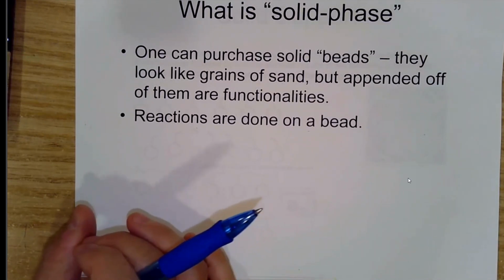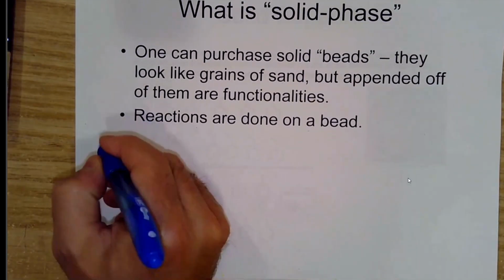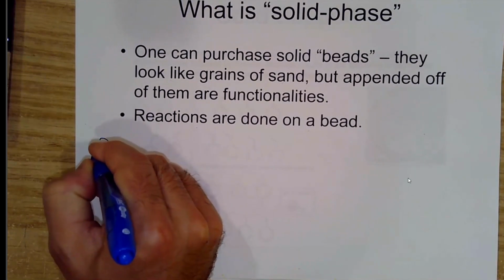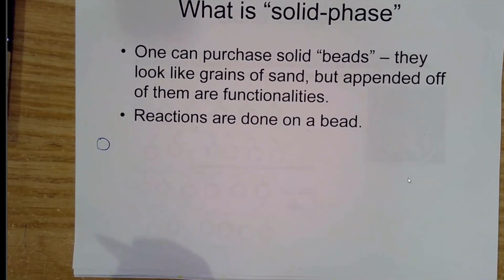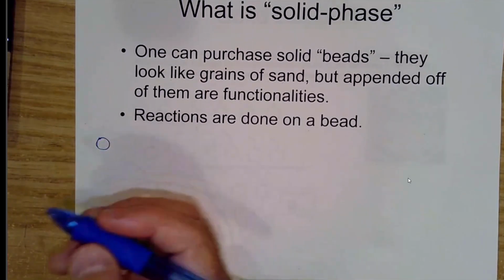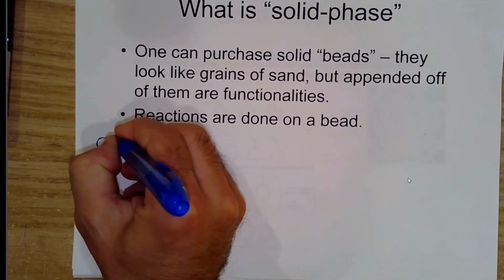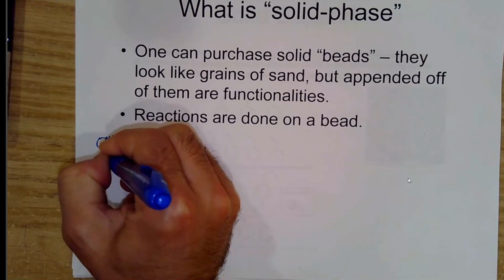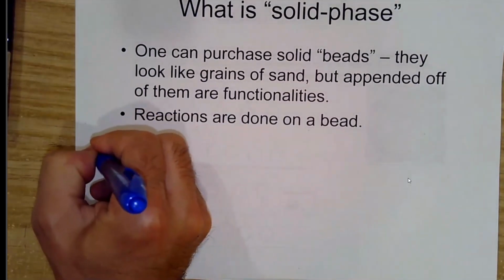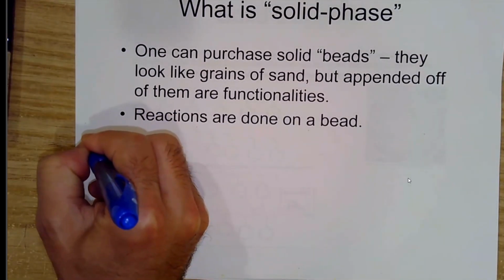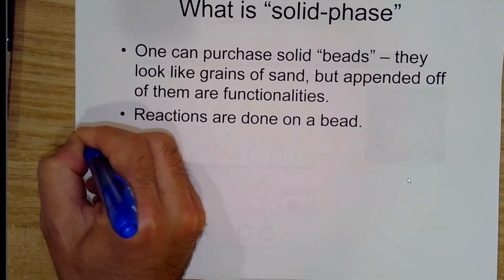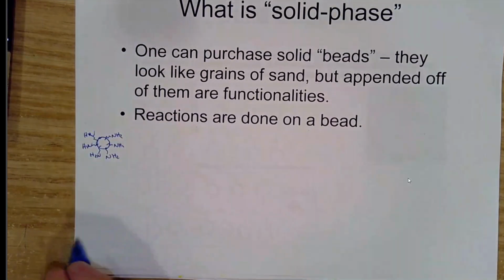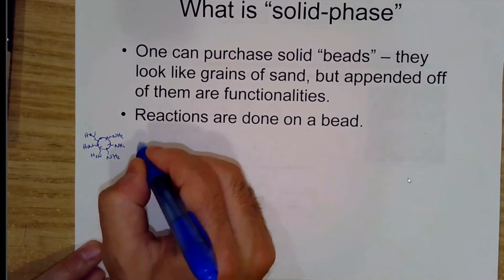beads. So I want you to imagine that you have a bead, and it's circular, and attached to that bead, it's covered in these amines. Think of a functionalized grain of sand. And you don't just have one bead, you have thousands and thousands of them.